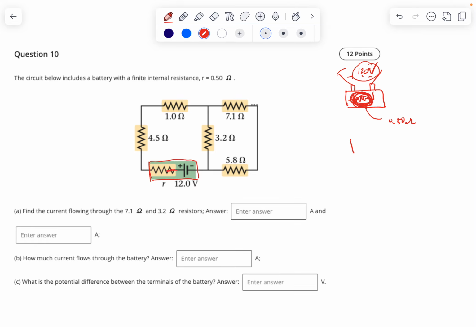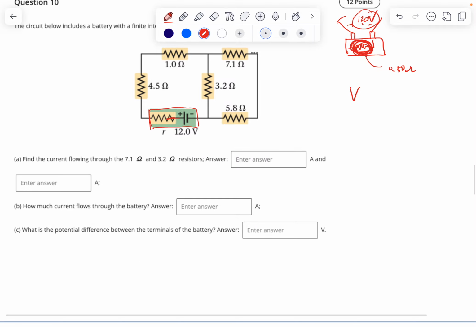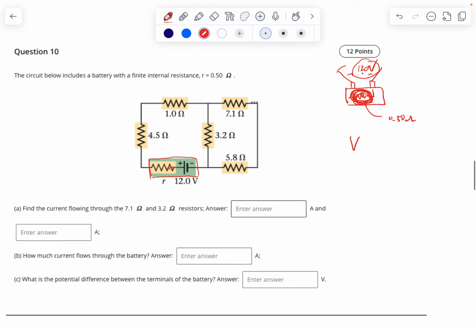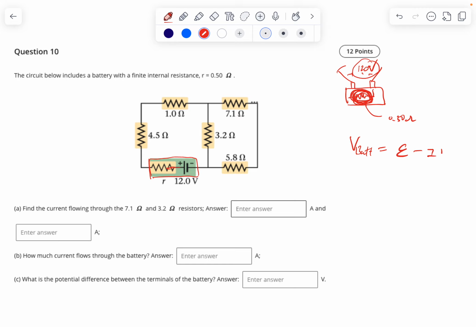So the second question: what is the potential difference between the terminals of the battery? It equals epsilon minus current times internal resistance, whatever current flows through. That is the key for the solution.